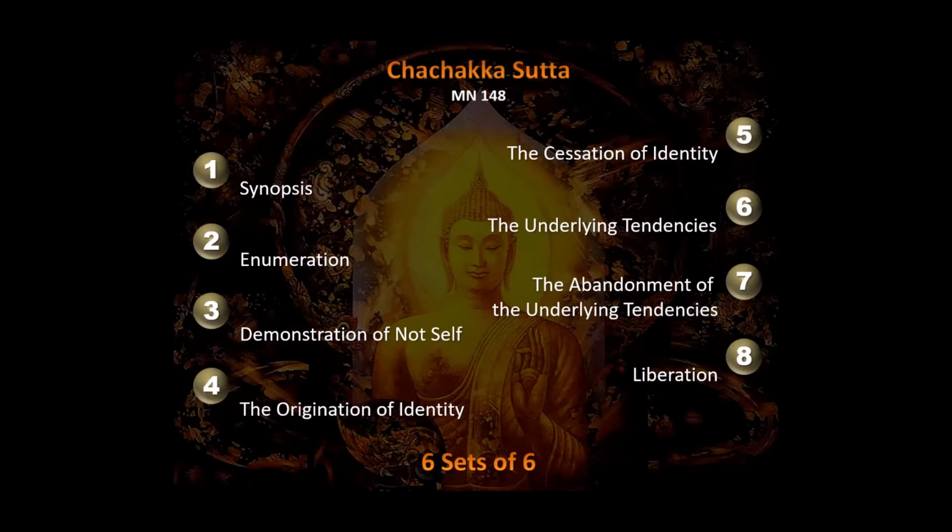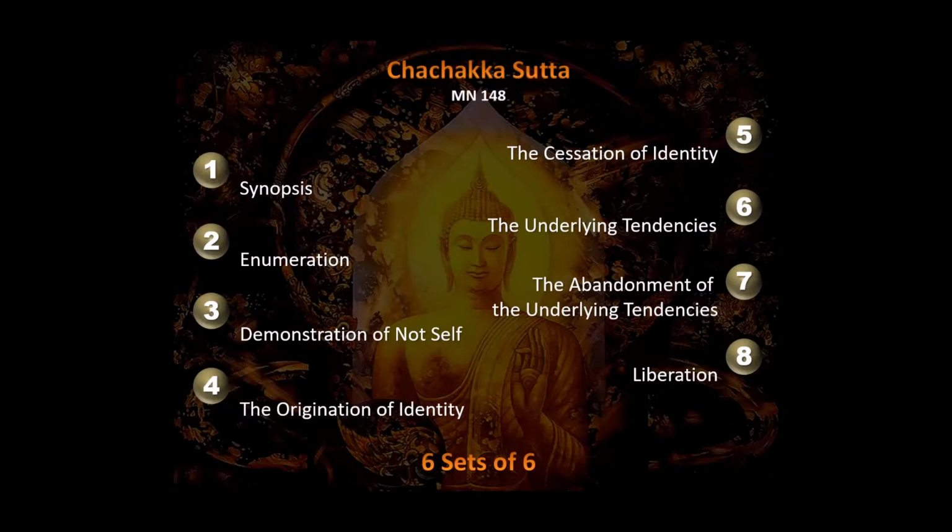Up to this point, the Sutta has merely shown that the 6 sets of 6 are the culprits that lead to self-identification, when this is just a form connecting you to the outside world. In section 5, we see that because there is no abiding self in the 6 sets of 6, cessation of self is possible, which means cessation of suffering is possible.